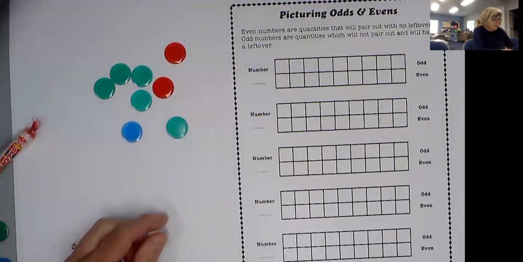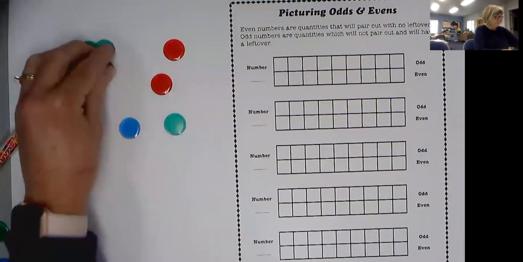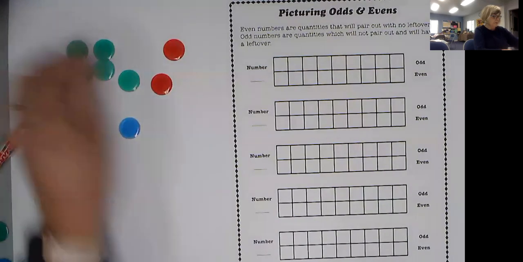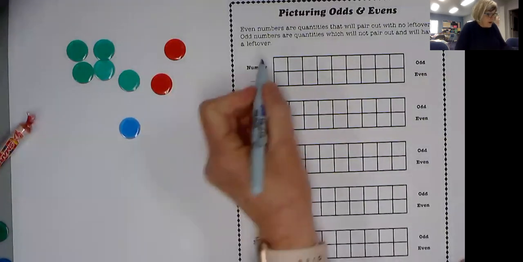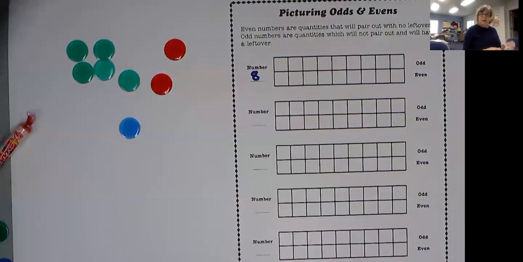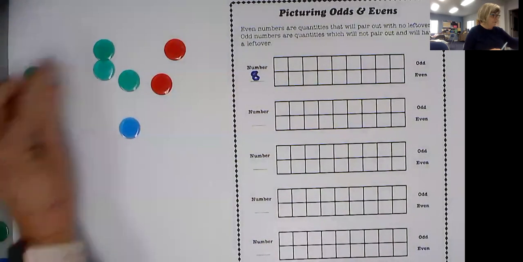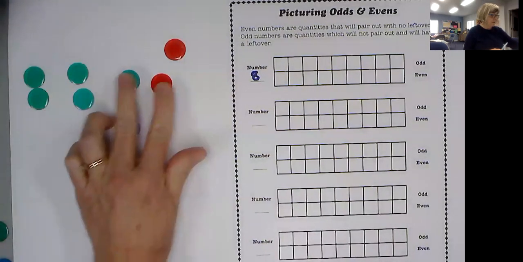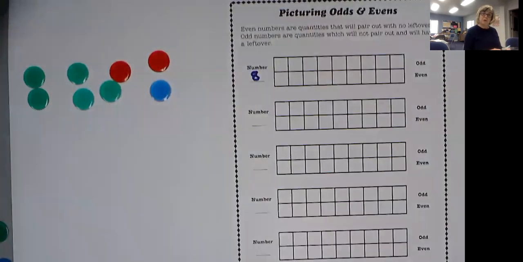And if I count how many I have, I see that I have 5, 6, 7, 8. I have 8 chips. So I would write down 8 here. Now, I want to make groups of 2. Really simple. Here's one group of 2. Here's another group of 2. Here's another group of 2. And here is my last group of 2.